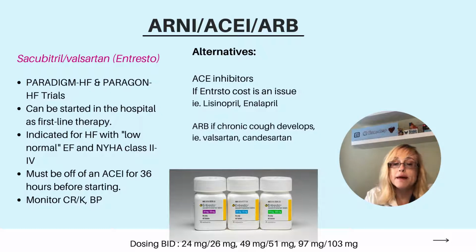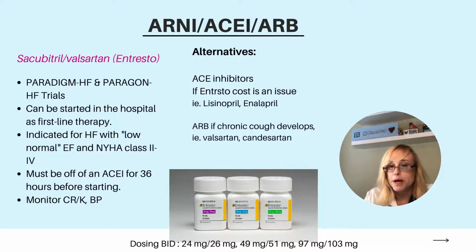Now, if you cannot go with sacubitril/valsartan, an alternative is an ACE inhibitor if cost is an issue. So you could use lisinopril or enalapril, for instance, but again, the same side effects as sacubitril/valsartan. You have to watch out for creatinine, potassium, and of course, blood pressure.